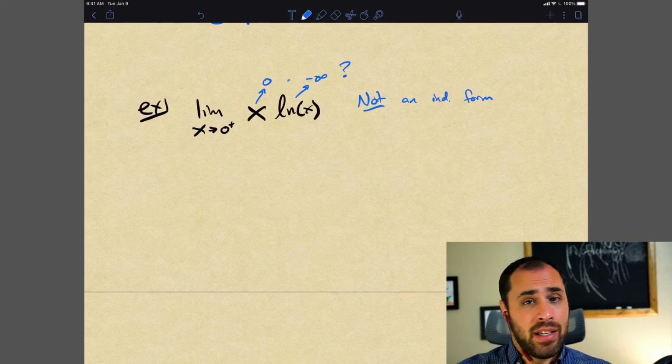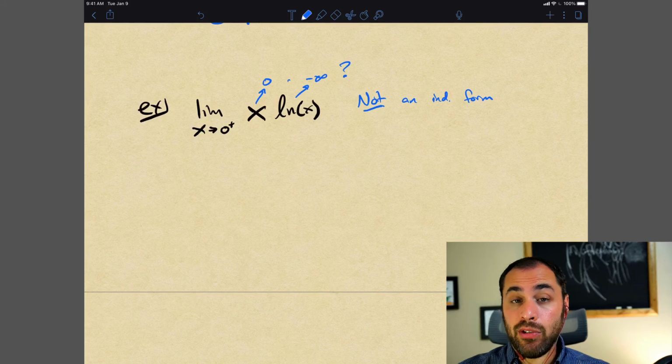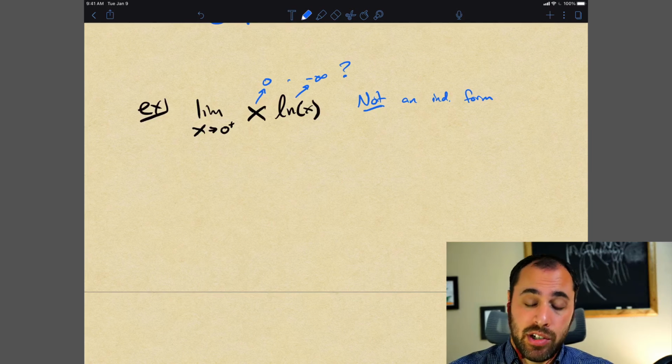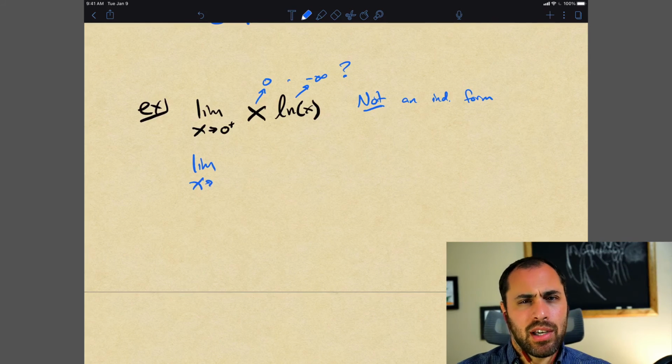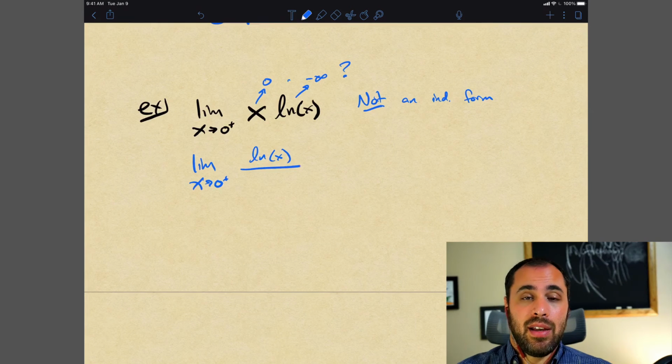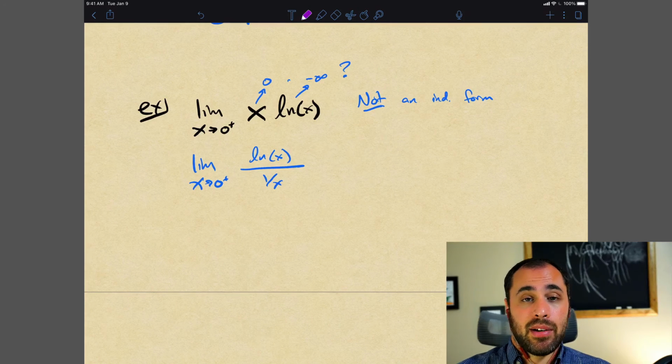This is not an indeterminate form for which we can apply L'Hopital's rule because it's not a ratio. So we'll take this expression and rewrite it, force a ratio. We'll do this using exponents. x in the numerator is the same as 1 over x, or x to the minus 1, in the denominator.